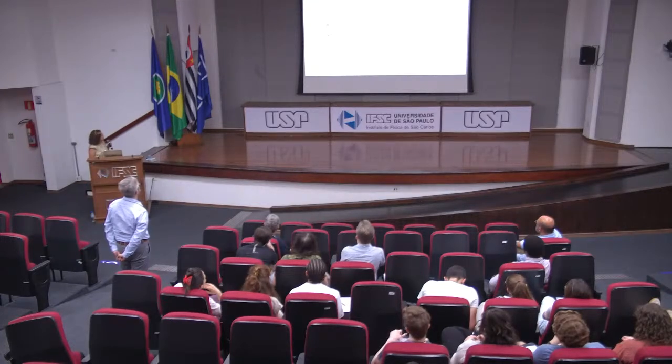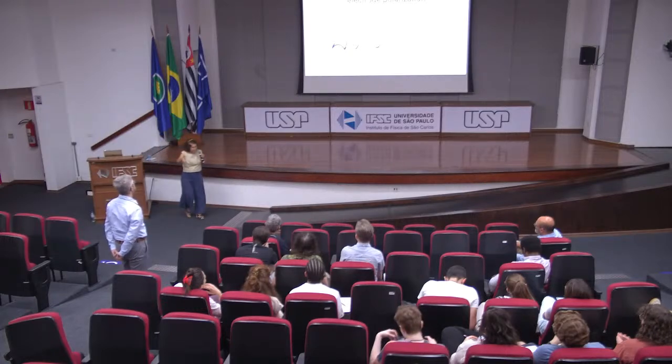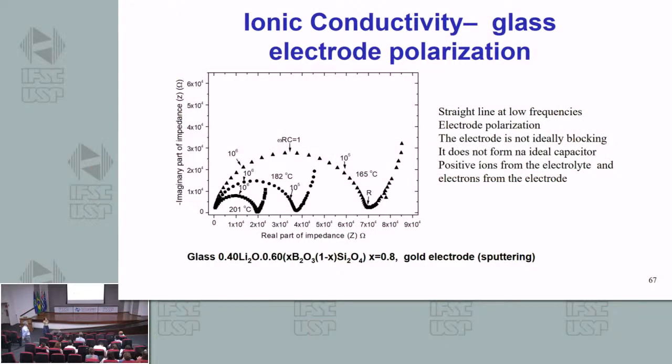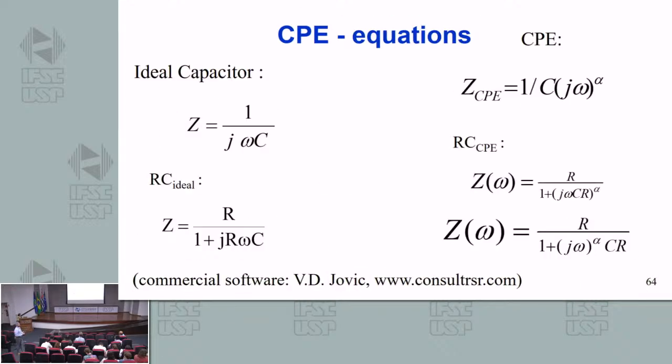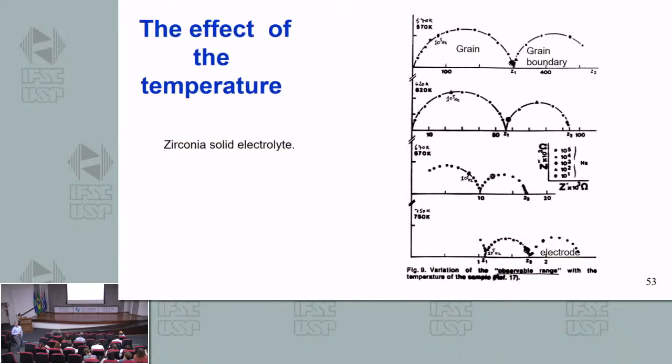Another Nyquist. If it bends in the direction of low frequencies, it may be indicative of an electrochemical reaction. So this electrode reaction here in zirconia is a reversible reaction. This is very well known in zirconia. Oxygen plus electrons equals oxygen 2 minus.